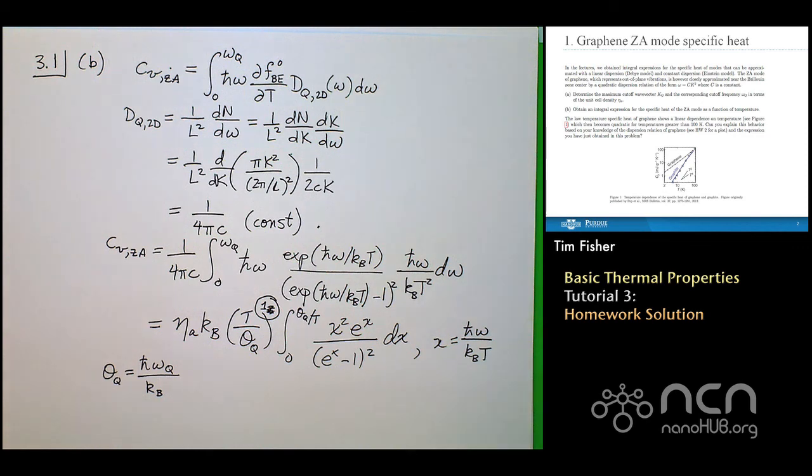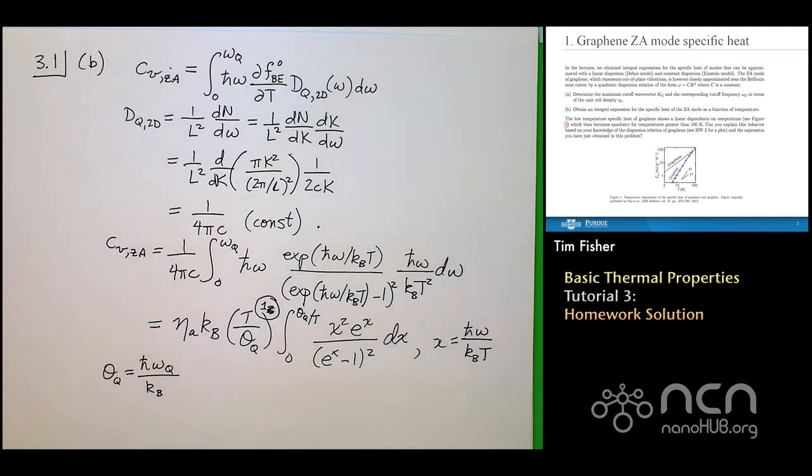So I, by rote, put the factor of 2 there out of habit, but maybe it's nice that you could see that by crossing that out and putting a 1, it's actually different and special. For this case of ZA modes, we have a linear temperature dependence.